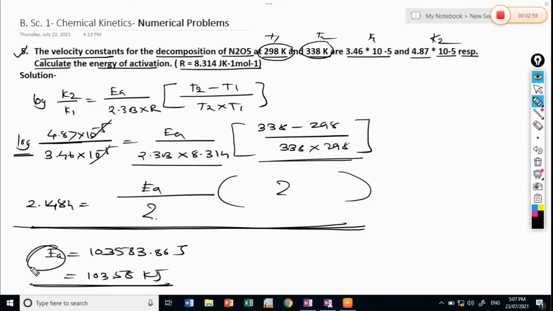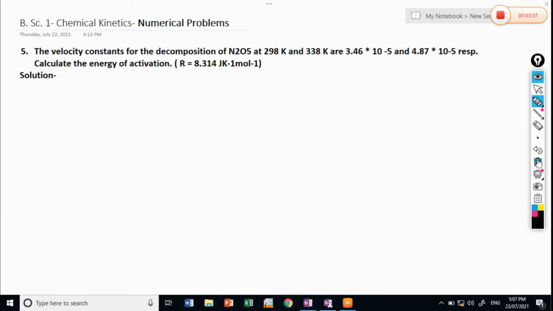So in this way you can easily calculate the energy of activation. I hope this problem is very simple, you can easily calculate.